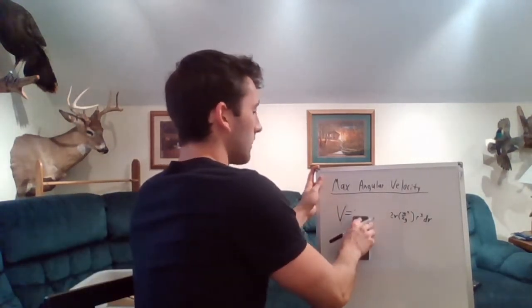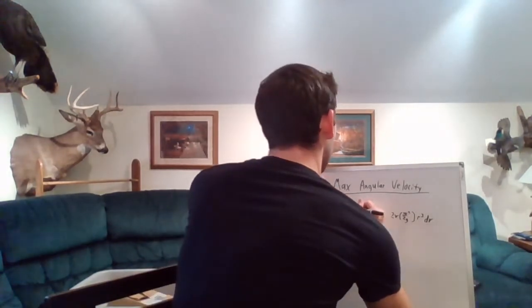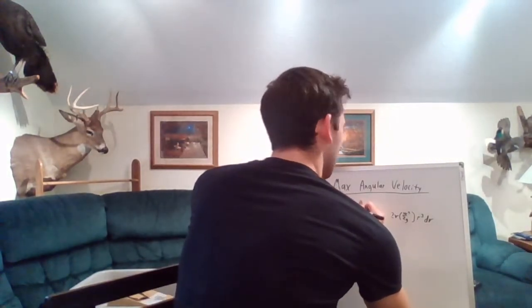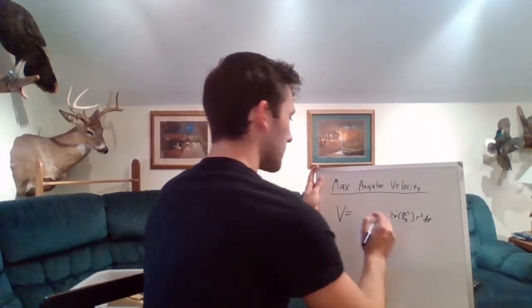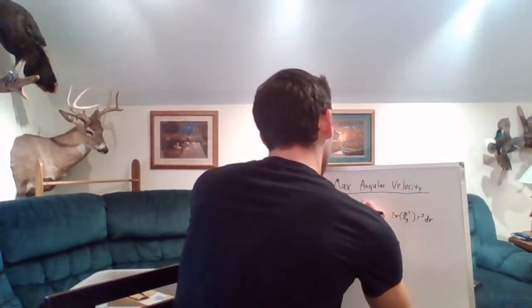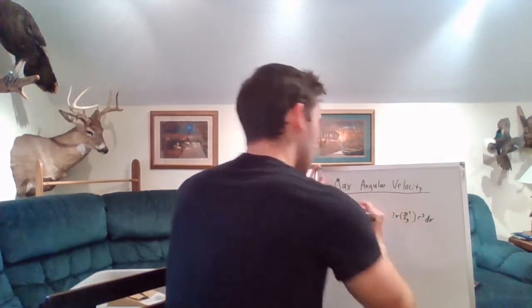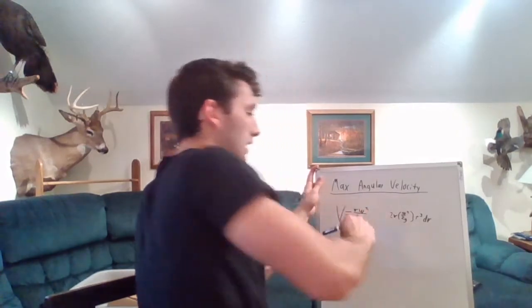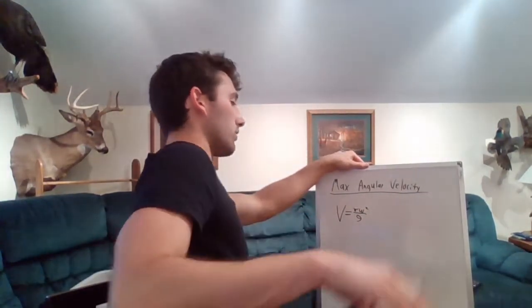Well, we can cancel out some things, so we'll have pi w squared over g, and the integral of r cubed is r to the 4th over 4.